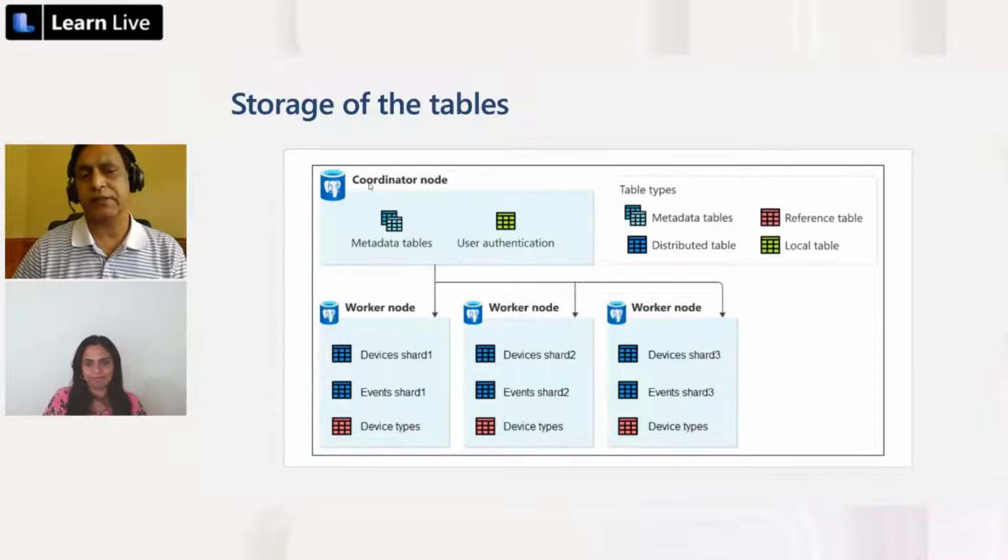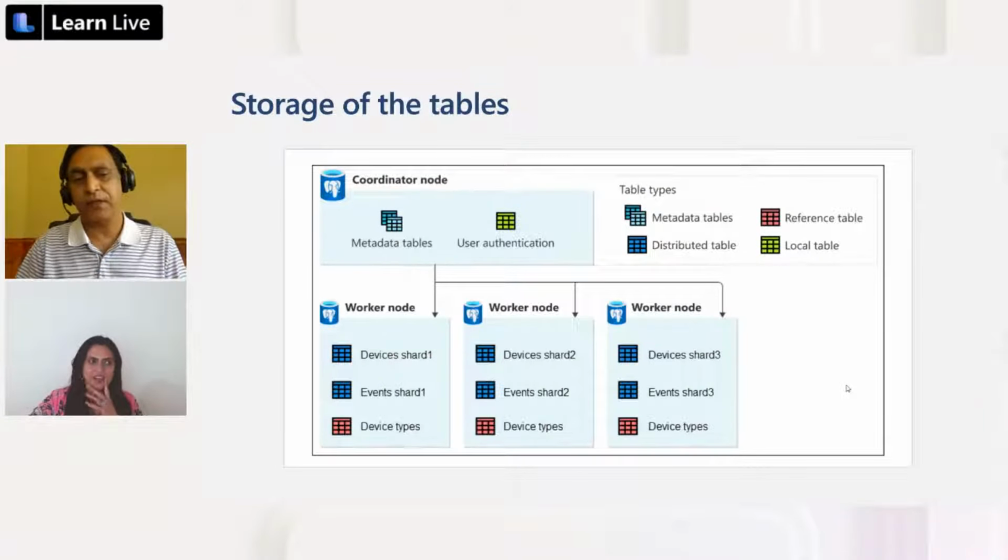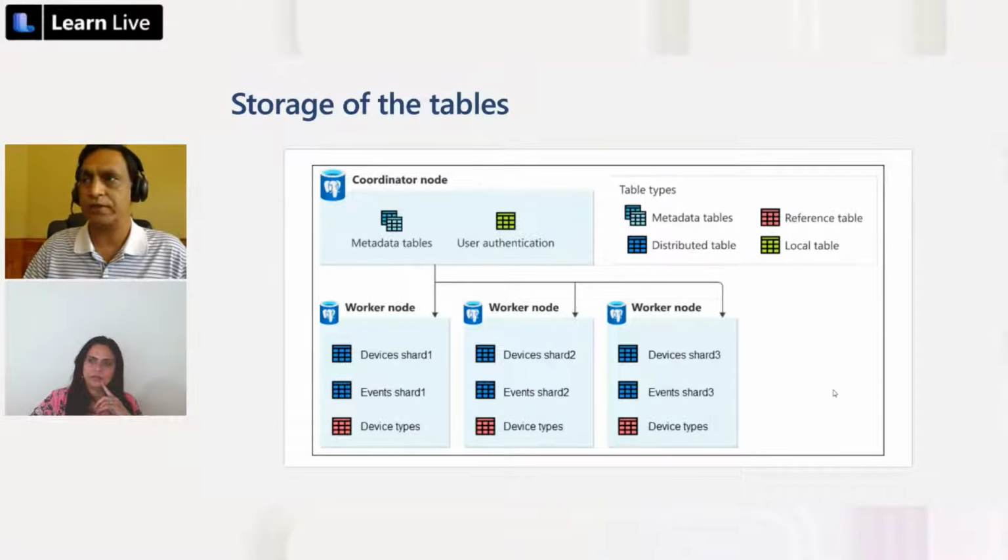So that's why you have to make sure it is a smaller table with a small set of data, and obviously the distributed table's data is being chunked into different nodes and shards.